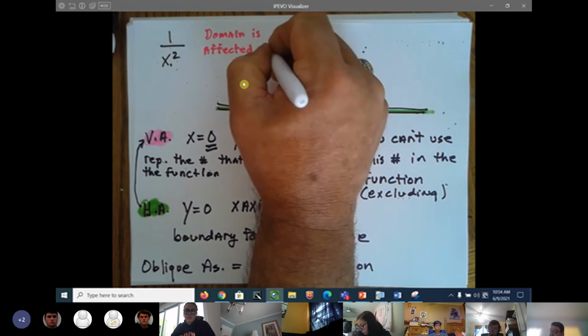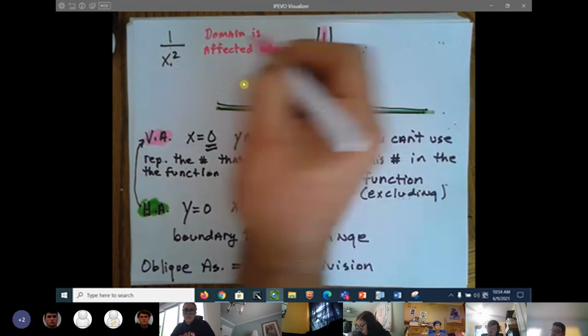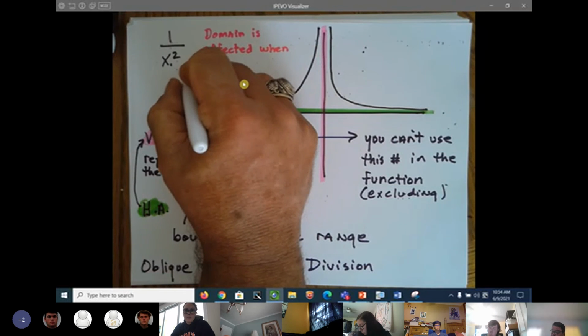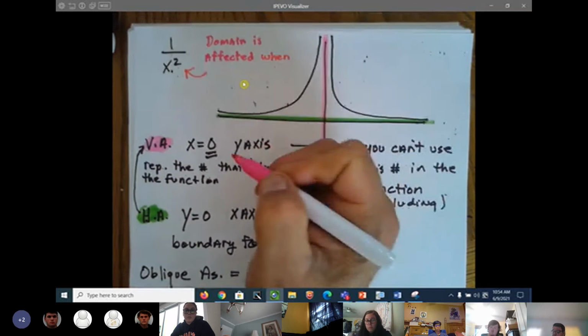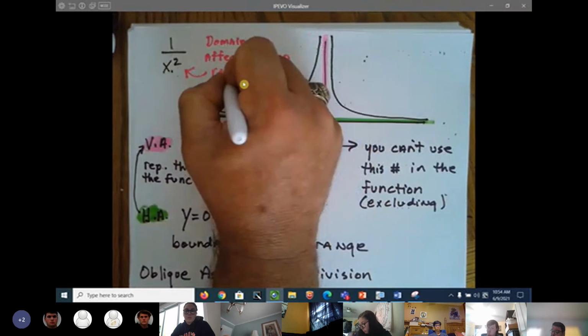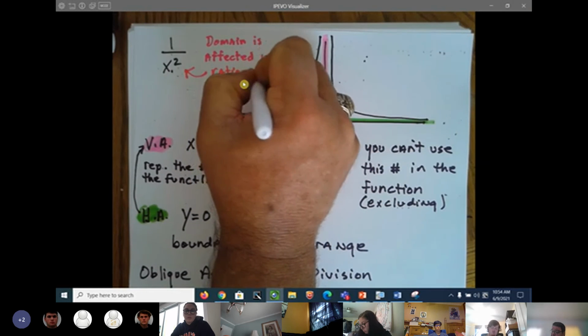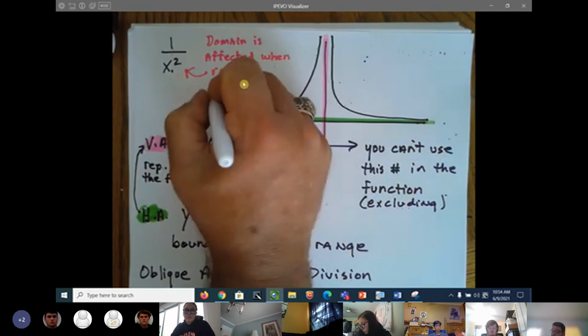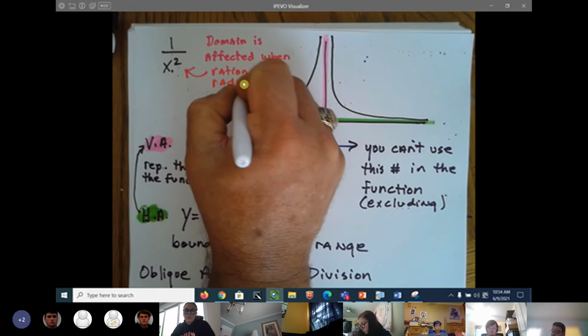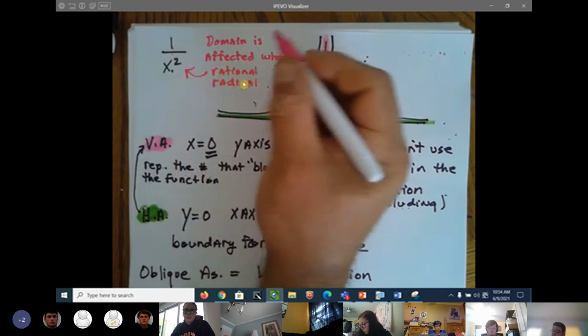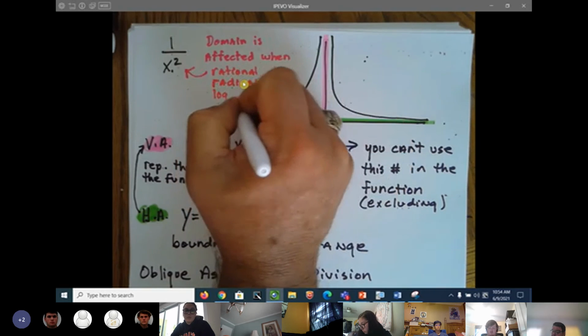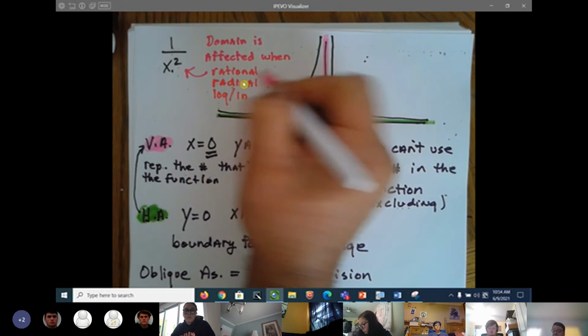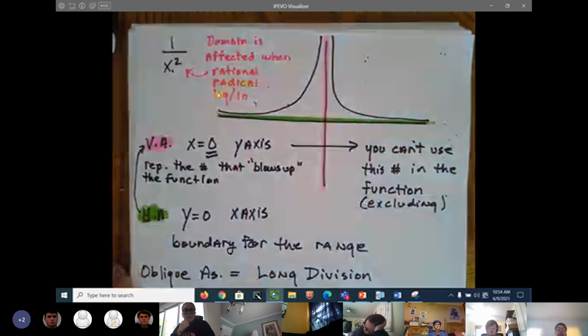Domain is affected when you are dealing with a rational function, meaning a fraction, a radical, or a log. Why? Because you can't take the natural log of a negative number.